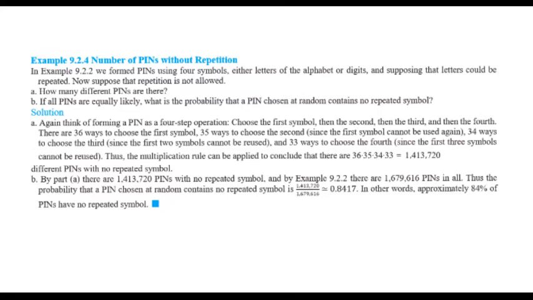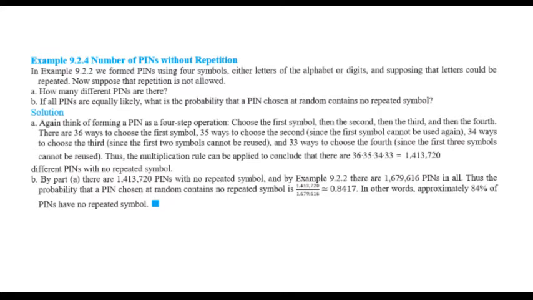Why? Because the first three symbols cannot be reused, so we have the total of 36 symbols, and 3 of them cannot be reused based on the restriction that the problem has placed. So the last step, which is the fourth step, can be done in 33 ways.